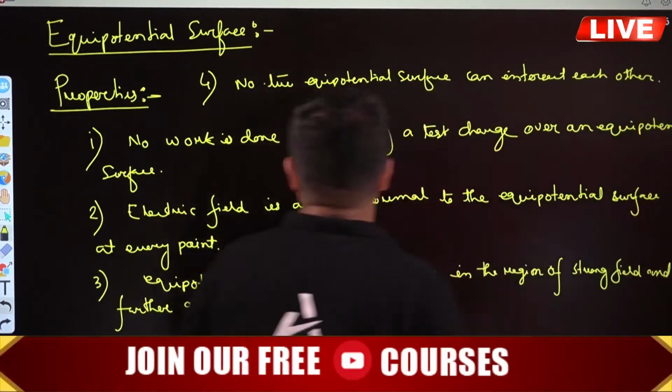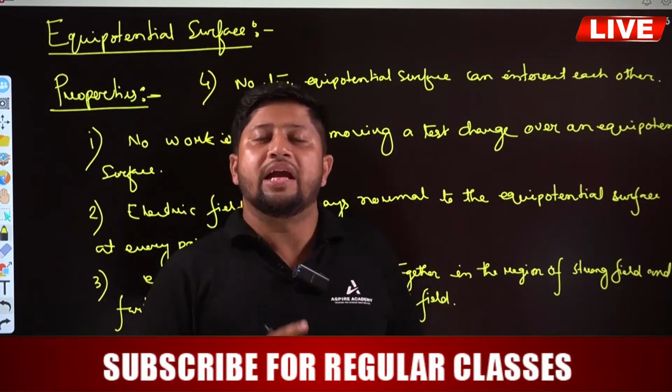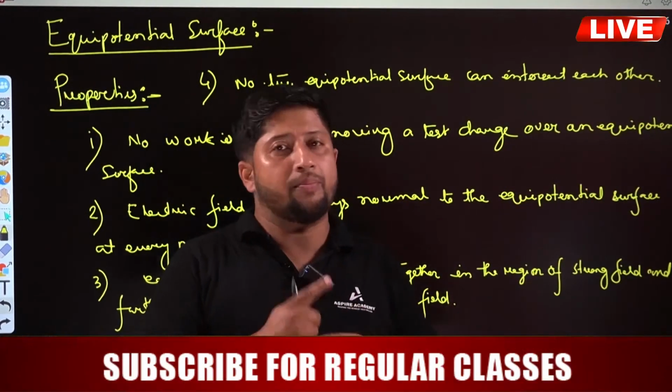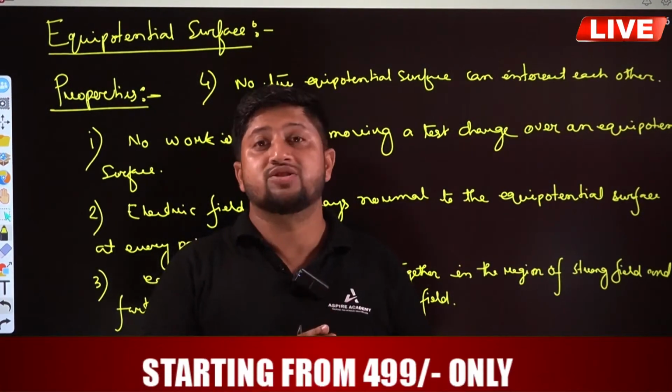Means what is the meaning of that? Suppose two equipotential surfaces are there, they cannot cross each other. Why? If they cross, two values are not possible. If they cross, at the point of intersection there would be two values, which is not possible.